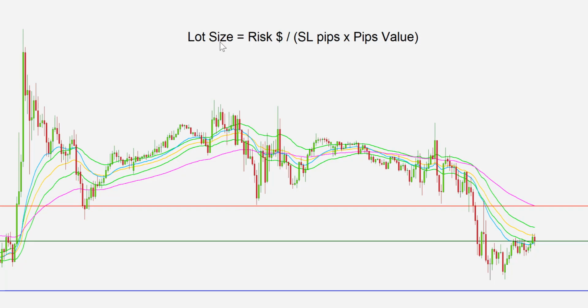Boom. So lot size will be equal to risk in dollars divided by stop loss in pips times pip value.